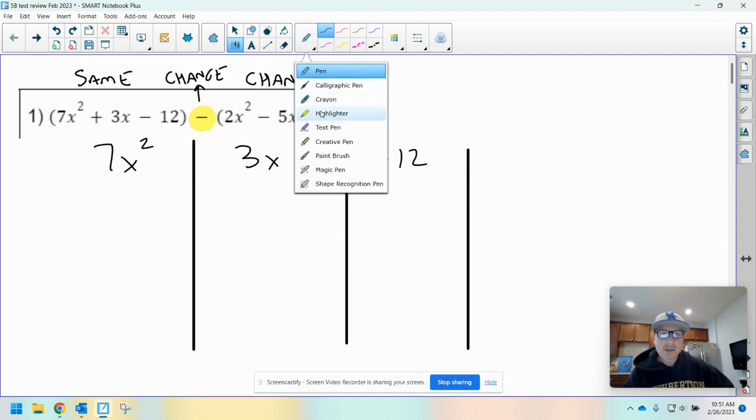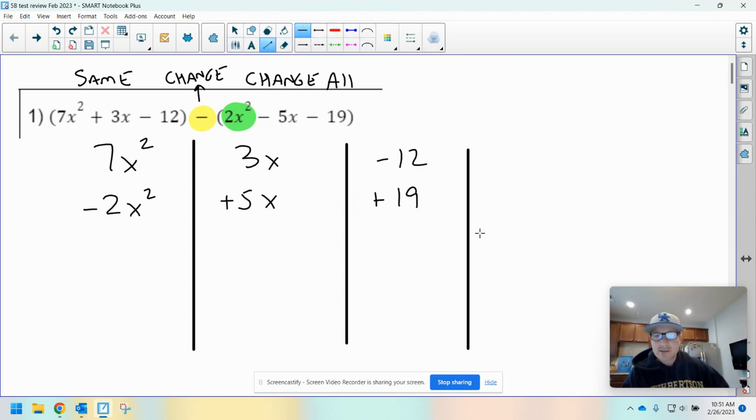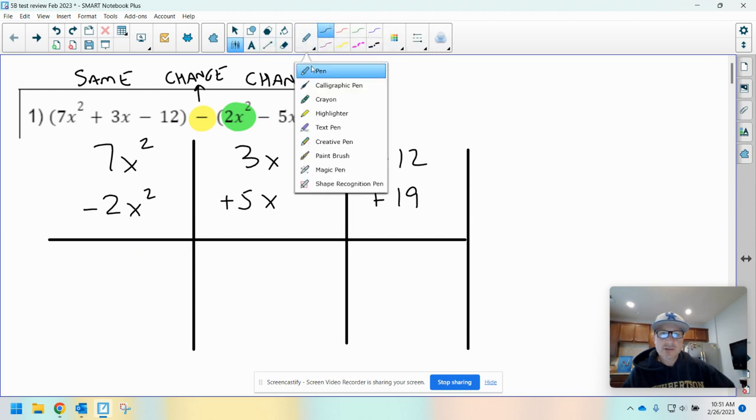So this 2x squared, when we put it in the x squared column, we're going to change the sign to a negative 2x squared. This negative 5x over here, we're going to make a plus 5x. And this negative 19, we're going to make a positive 19. And we're going to add them because we're going to change the subtraction to addition.